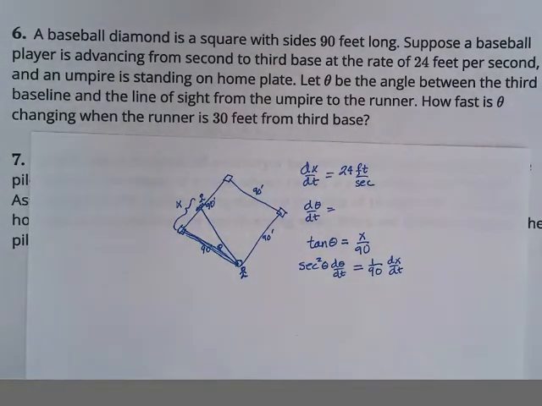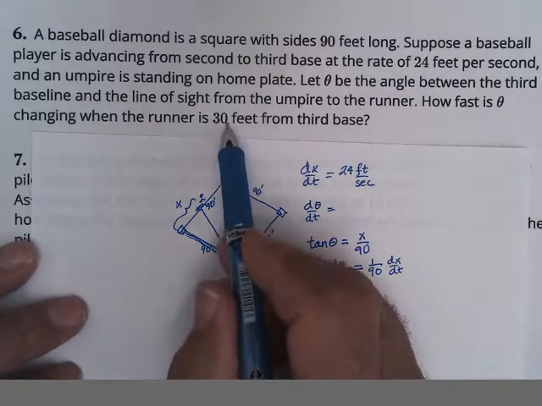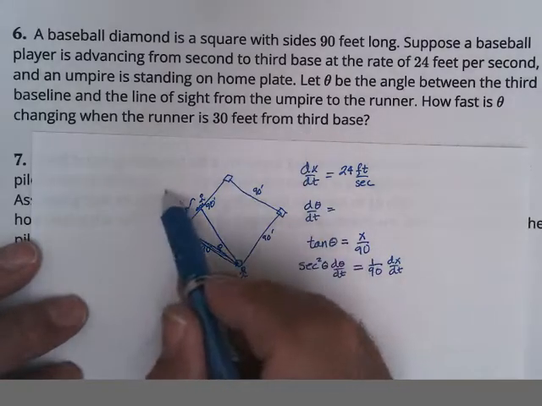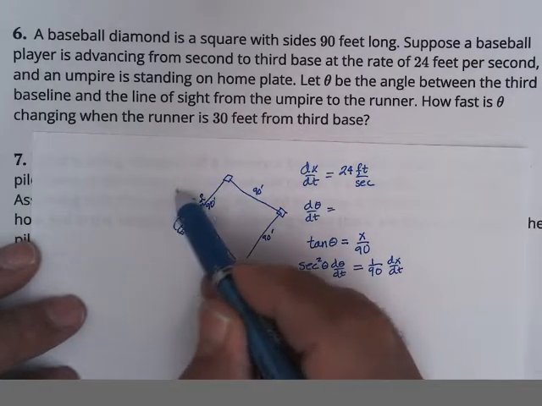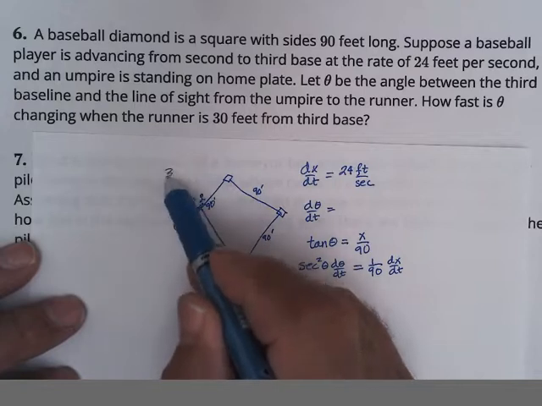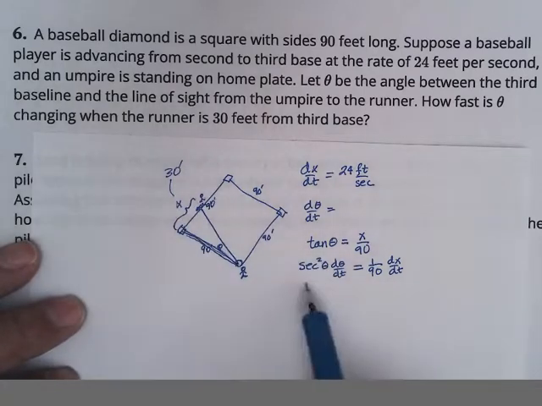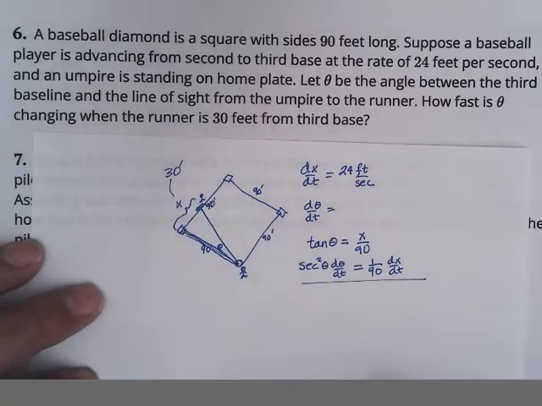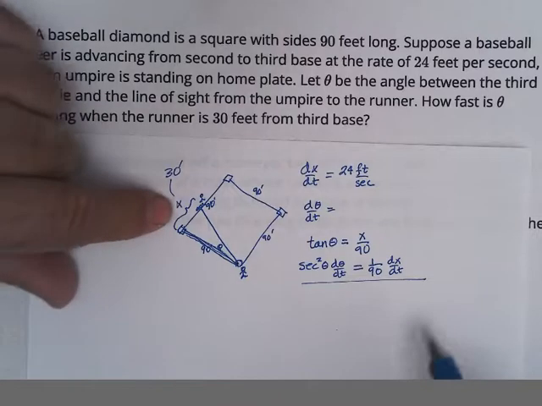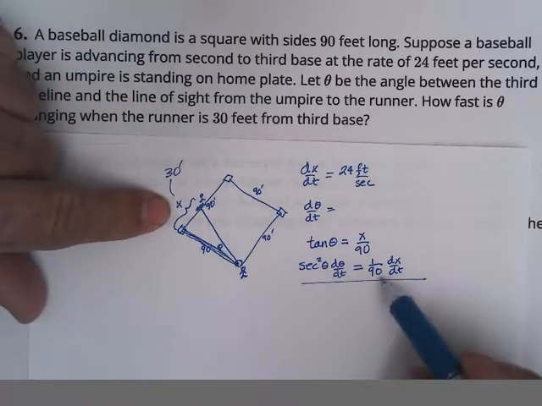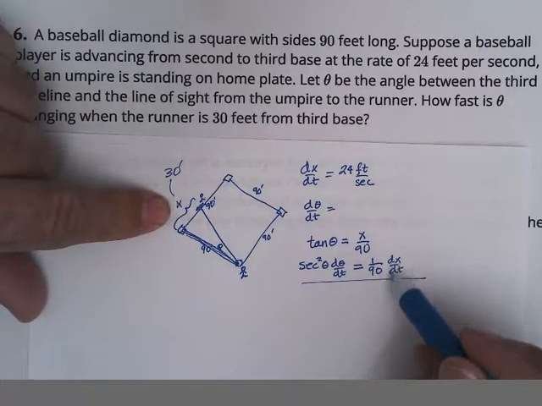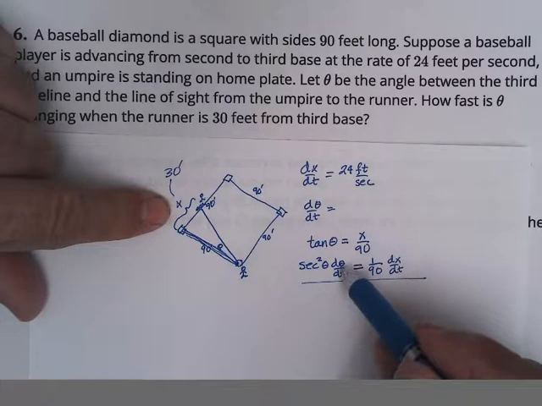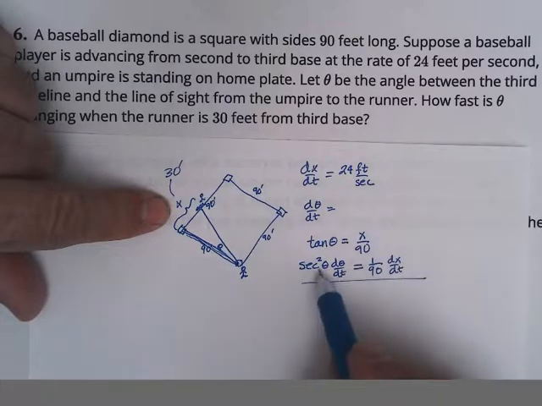And when the runner is 30 feet, that's a specific thing that's changing, so we don't use the 30 until now. We've got the relationship, and now we use the 30. I want to solve for d theta/dt.